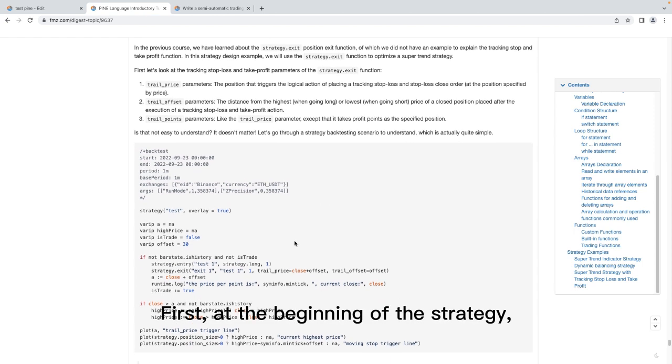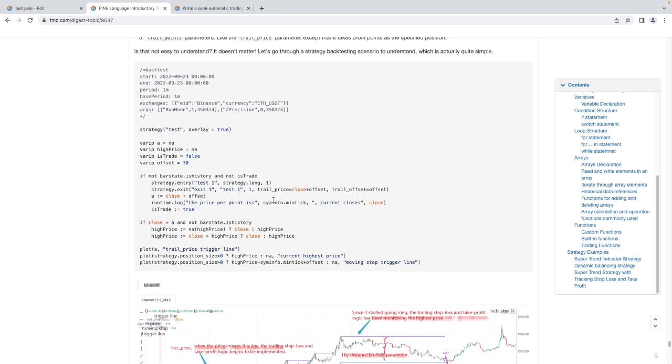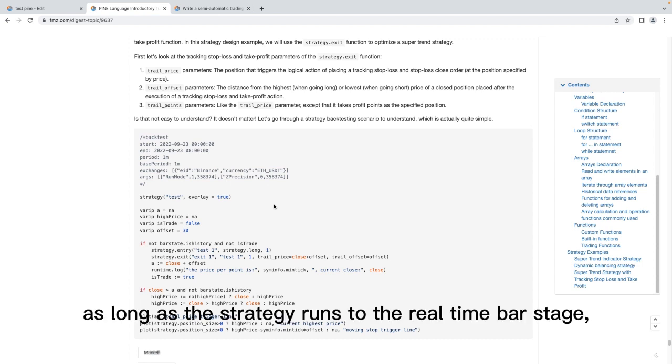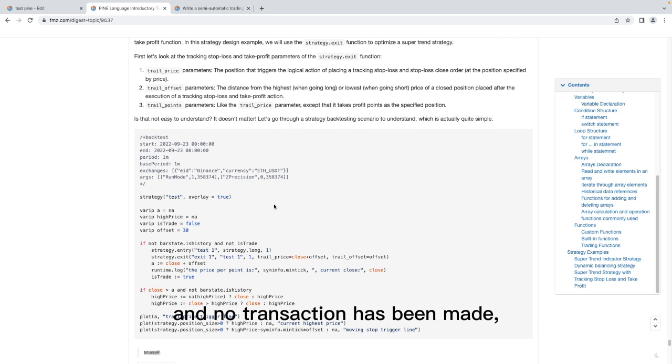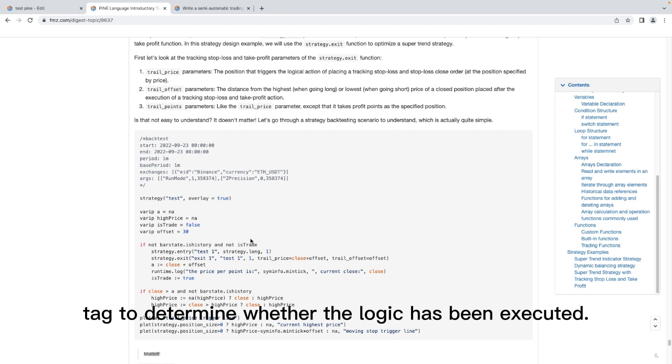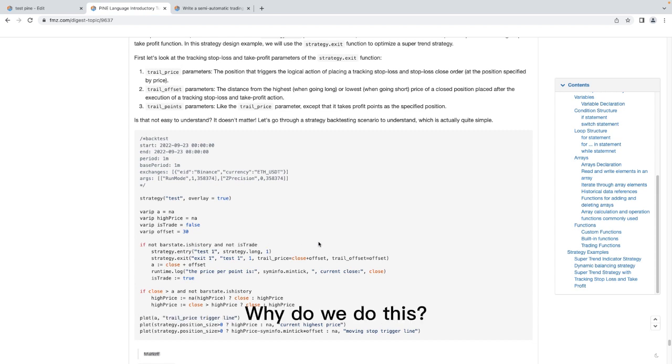First, at the beginning of the strategy, as long as the strategy runs to the real-time bar stage and no transaction has been made, we set a trade tag to determine whether the logic has been executed. Why do we do this?